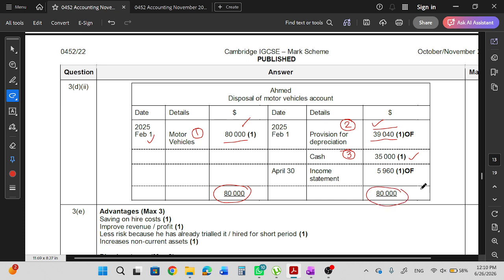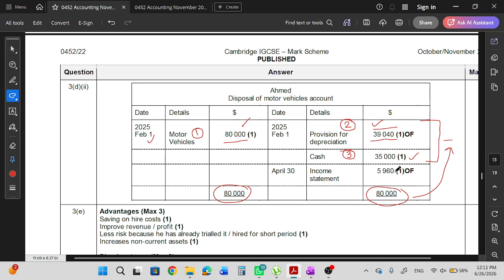After that, from this 80,000 we will subtract these two values. 80,000 minus 39,040 and 35,000. What will you get? 5960. 5960 is the remaining balance, or the balancing figure. We will write it on the shorter side.